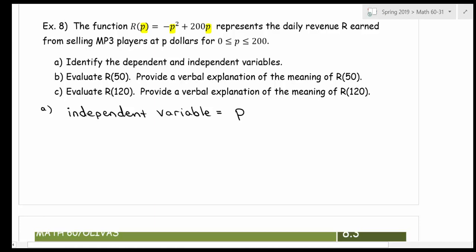In this case P is basically the price that we're selling the MP3 players at. It says right here, from selling MP3 players at P dollars. So I'm just going to say price of MP3 players. And this is in dollars.